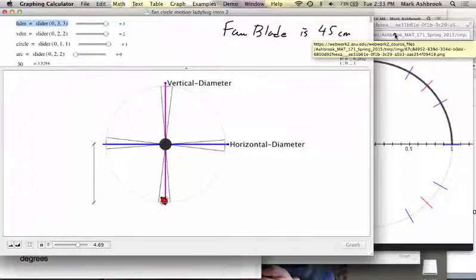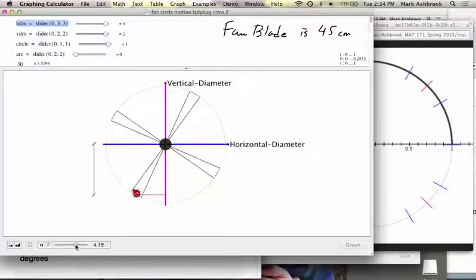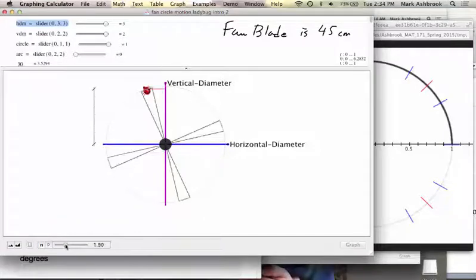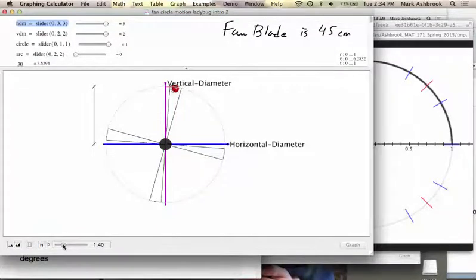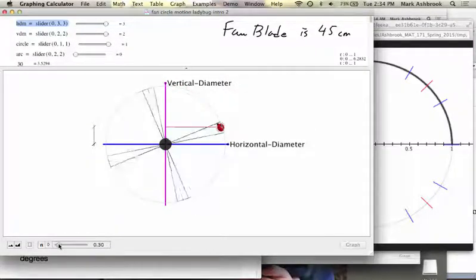Okay? The ladybug starts at the 6 o'clock position and it rotates clockwise. Here it goes. Watch. Ready? The ladybug starts at the 6 o'clock position. The fan rotates clockwise. When the bug passes the 12 o'clock position, it stops 10 centimeters above the horizontal diameter. So this dimension right here is 10 centimeters.